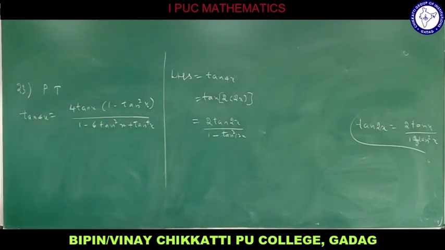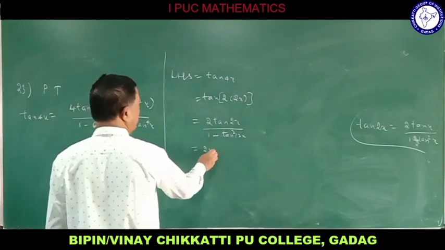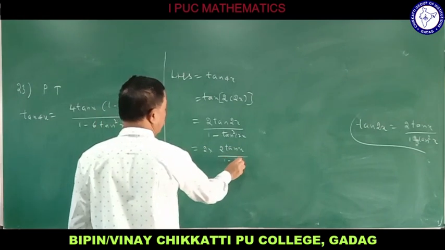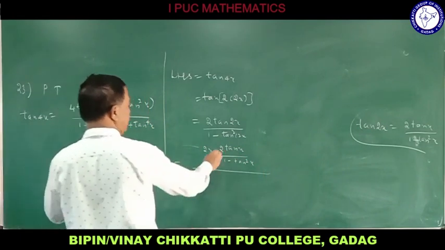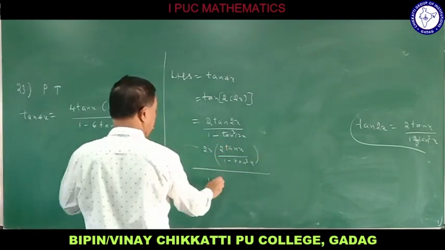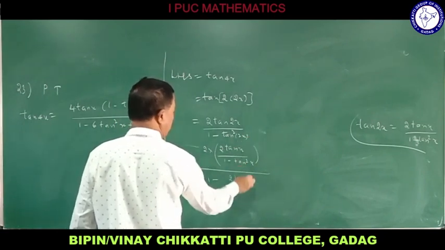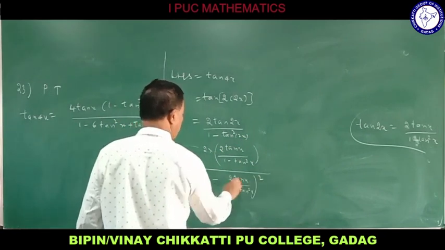So this is the result first when you apply it here, tan square of 2x. Now you can apply the formula again. What is this formula here? 2 into 2 tan x divided by 1 minus tan square x, whole divided by 1 minus, this is the formula for 2 tan x, whole square.